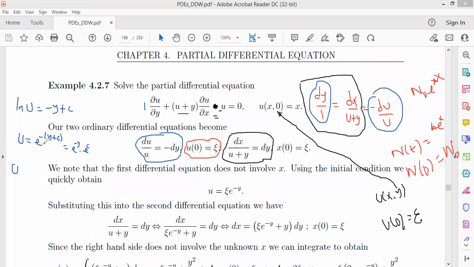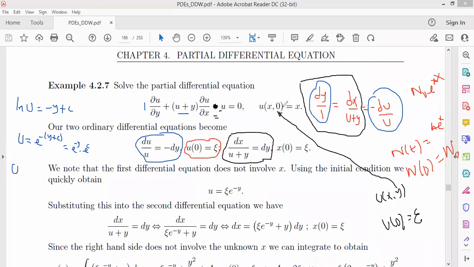But guys, please be mindful that our u brings us back to this red here. Given that this is in terms of u and y only, the u I am getting here is in terms of y alone. There is no x. And remember here, it is the y that is going to 0.